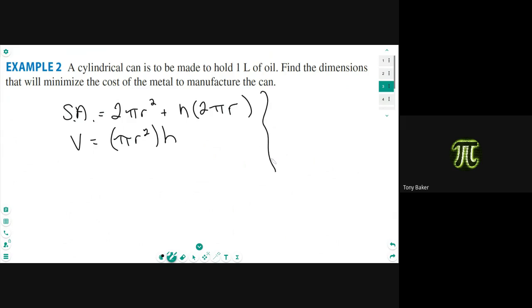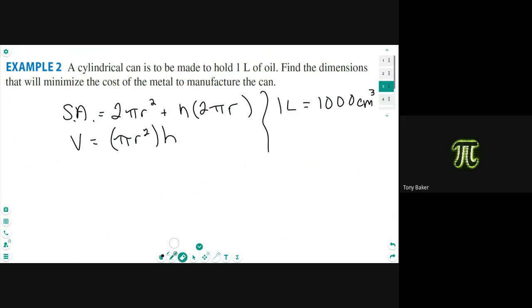Now, this is something that you might not know if you don't know metric. 1 liter is the same thing as saying 1,000 centimeters cubed. So 1,000 cubic centimeters is 1 liter. That's important because my dimensions are all going to be in centimeters and not in liters. So that's one of those things you might need to know.